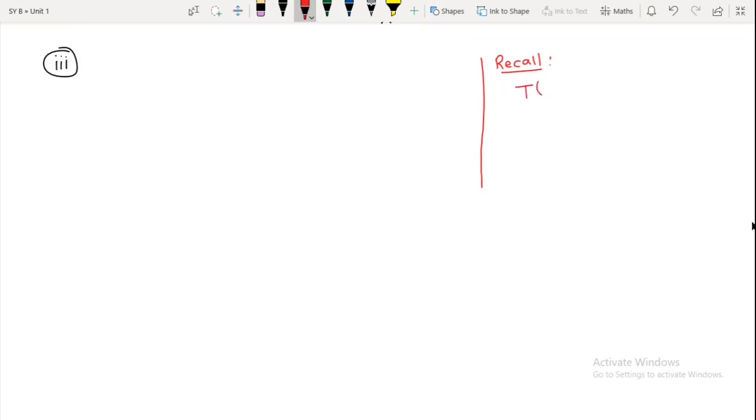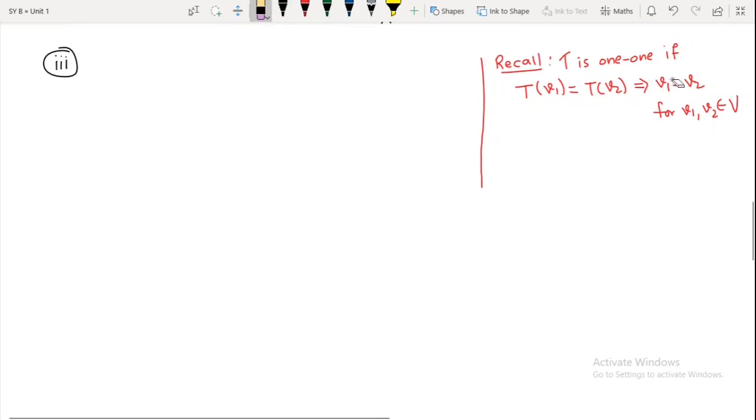Whenever T is said to be 1-1, if T of V1 is equal to T of V2, implies V1 is equal to V2, right? For V1, V2 belonging to what? V, isn't it? So whenever you are having T of V1 equal to T of V2, immediately you can say that V1 is equal to V2.